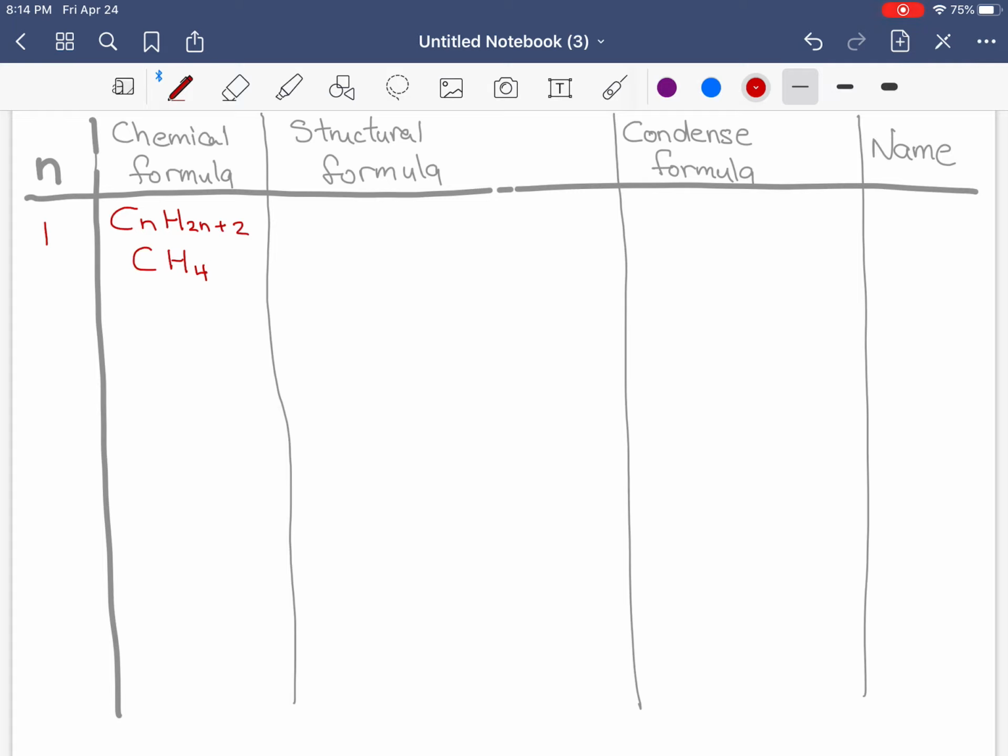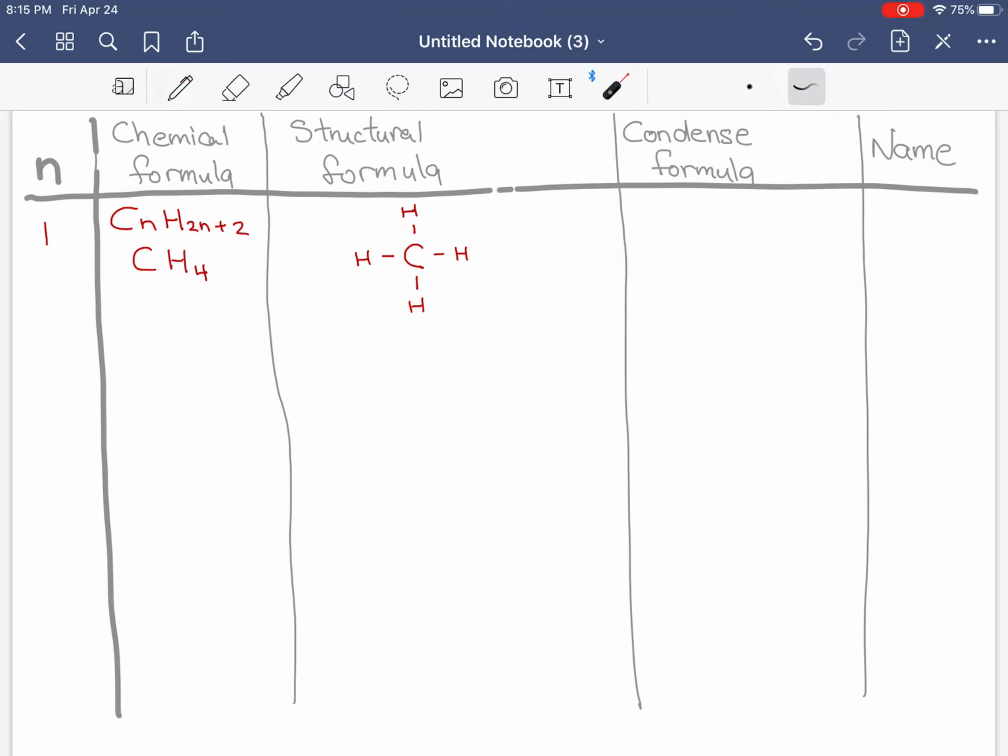All right, structural formula. Structural formula is exactly how you would interpret it, meaning showing the bonds for carbon, showing exactly how to put together CH4. Now, you don't need to put it in tetrahedral; that's not important here in organic chemistry.